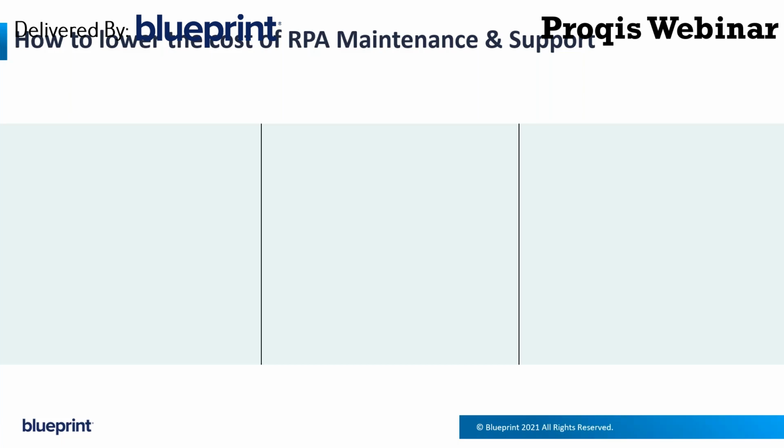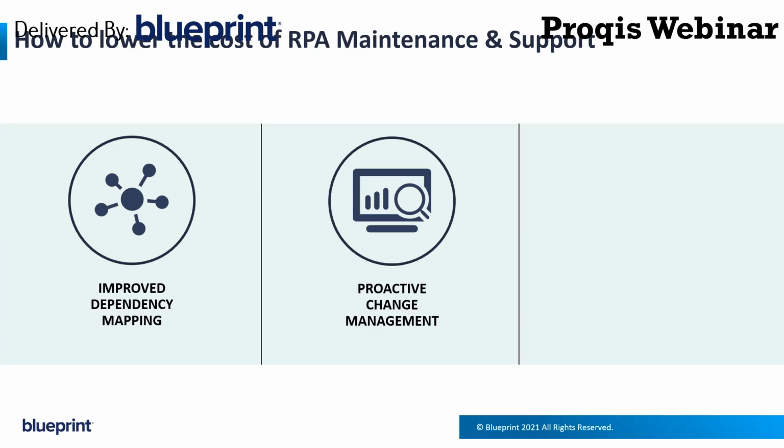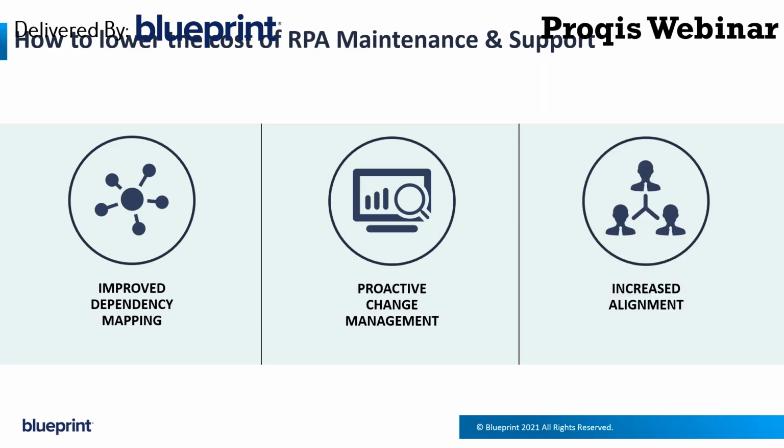Lowering this burden that's driving up the RPA costs and not allowing orgs to scale and deliver the ROI that was expected is very much possible by improving these three areas of your RPA practice: improve dependency mapping, proactive change management, and increased alignment.